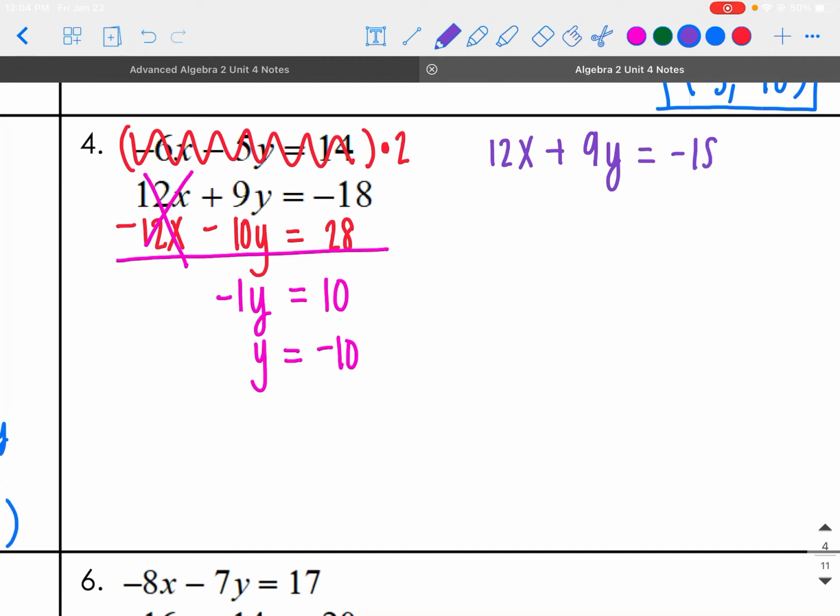12x plus 9y equals negative 18. So I know that my y is negative 10. So I'm going to replace the y with negative 10. That's 12x minus 90 equals negative 18.